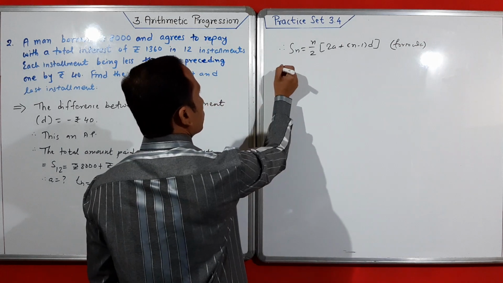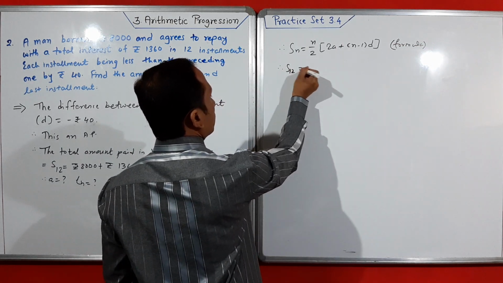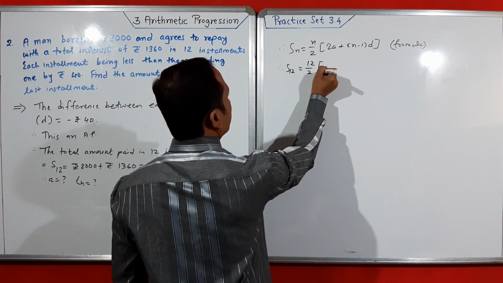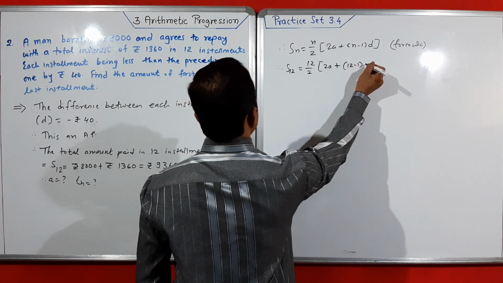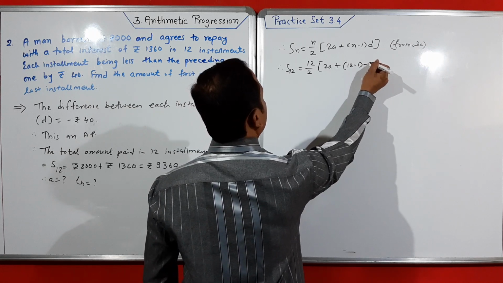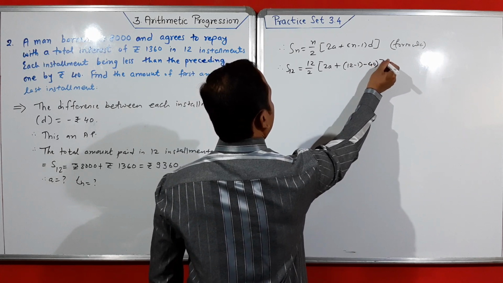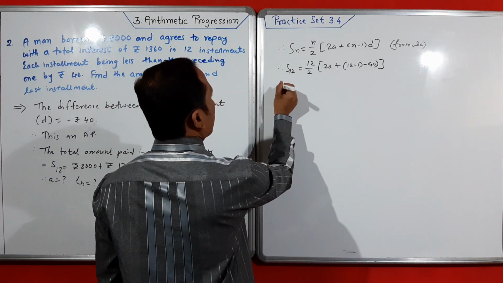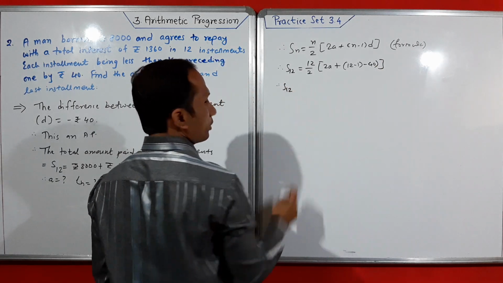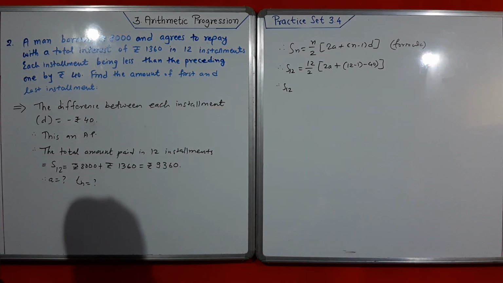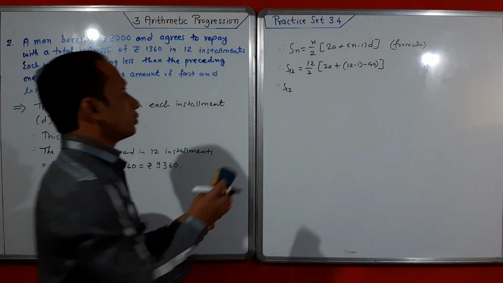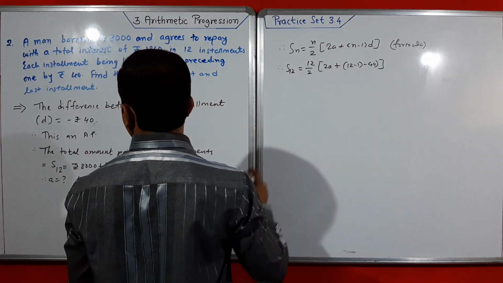Therefore S12 = 12/2 (2a + (12 - 1)d), where d is minus 40. Now complete this. S12 is actually given, so we'll just write the given S12. So what is this?